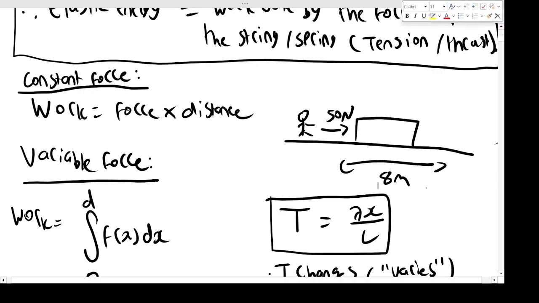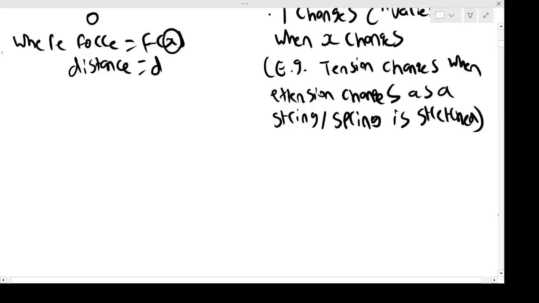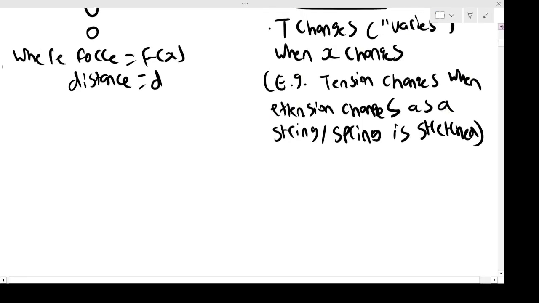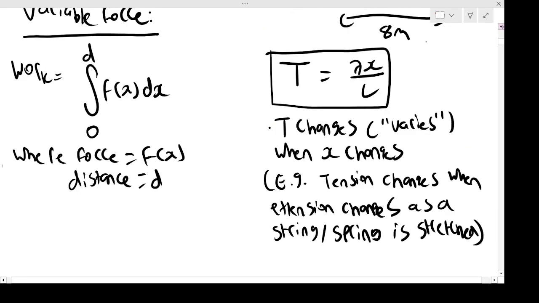But what we could say is, if x is 1, let's say, then we're at the first meter, okay? Then when x is 2, we move 2 meters. X is 3, we move 3 meters. So what we can do is essentially work out the force at a particular point, okay? That's what we're basically saying. And so that's what this x is doing. It tells me the point, so the distance I'm at in the journey, okay? And there we are. And obviously d then, that's my overall, my final distance.